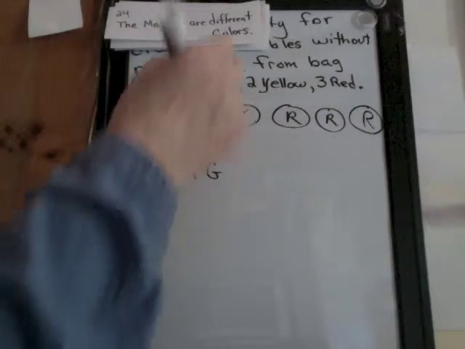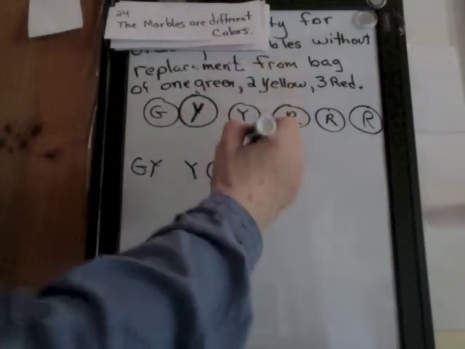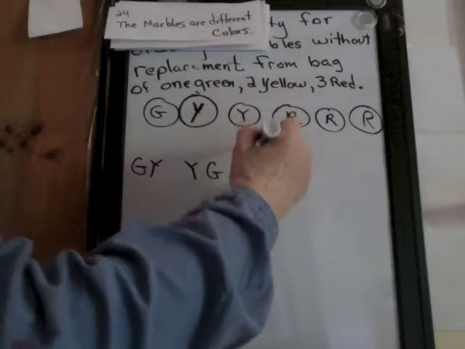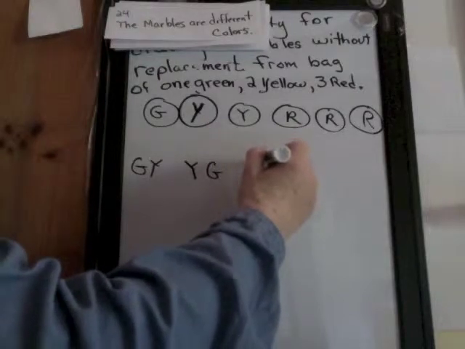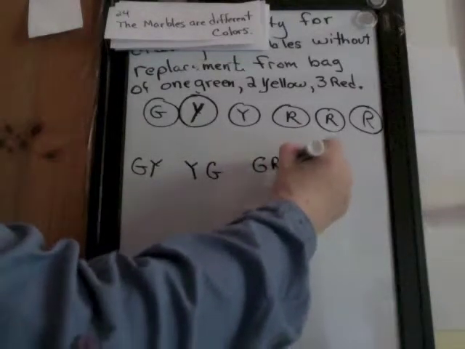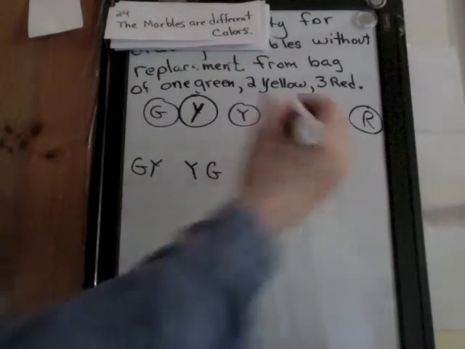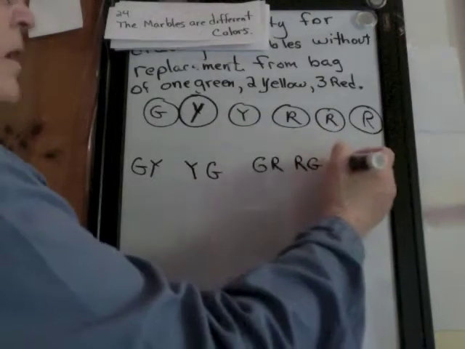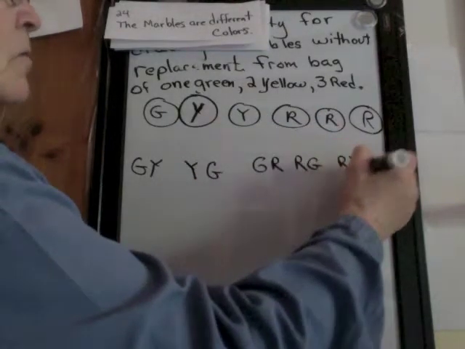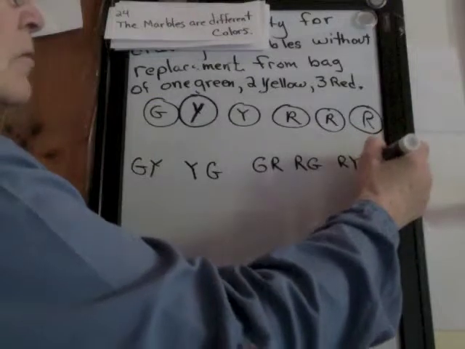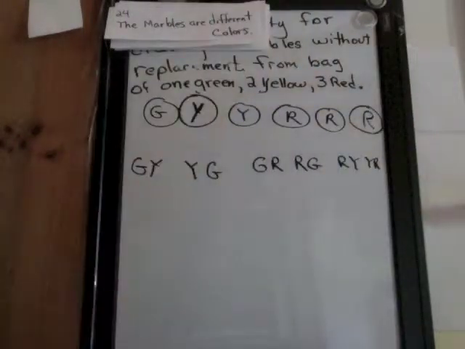Then I could get a green and a red, right? A green and a red, or a red and a green. Or I could get a red and a yellow, or a yellow and a red. So we have to take into consideration all these situations, right?